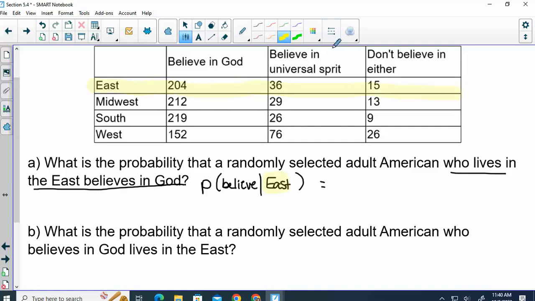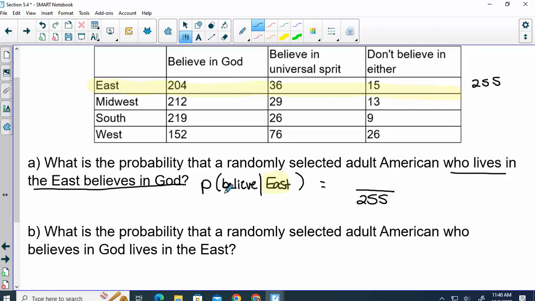So we need our total. Add all those up. 255. So that's our denominator. Because I'm not looking at every person in my survey, just the people that were from the East. And then we're still just looking at that row. Conditional, we're ignoring the rest of the table.